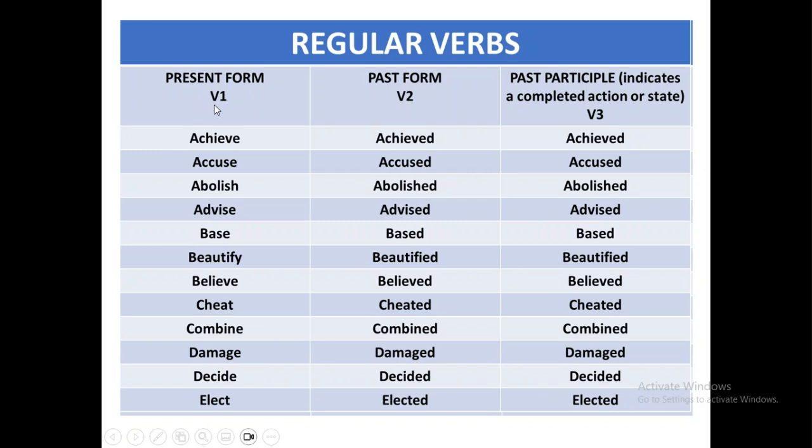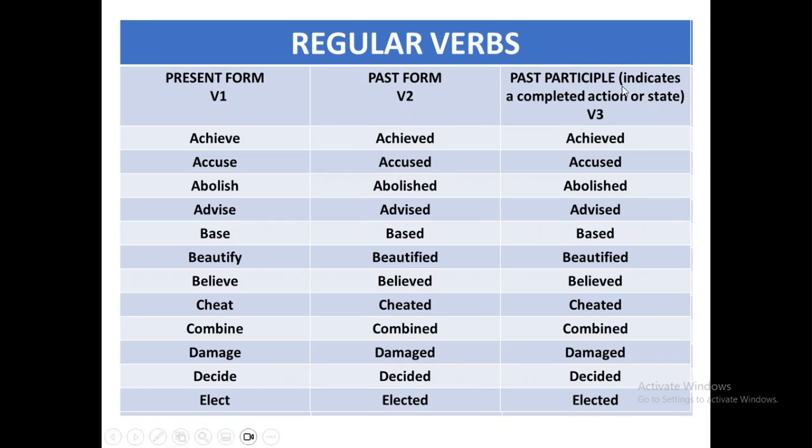The V1, the present form, generally we use in present tense. Wherever in the tense we find V1, that is verb 1, we use these words. We use the V2 past form in past tense, in the simple past.